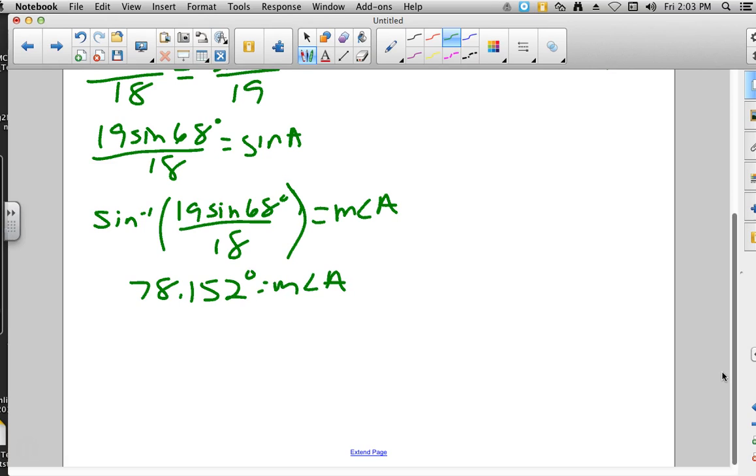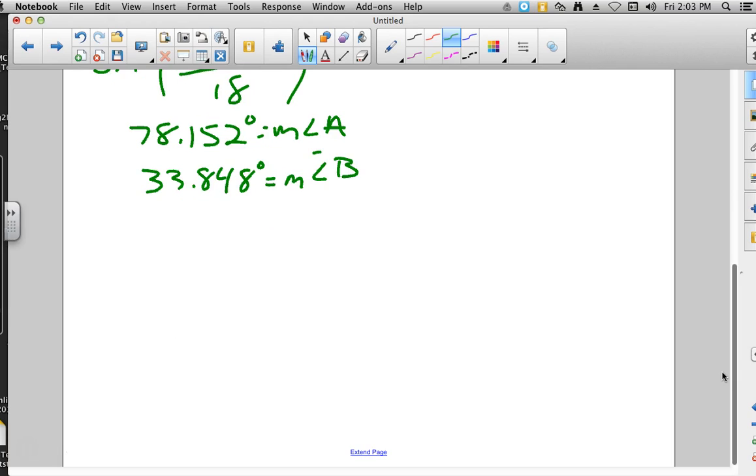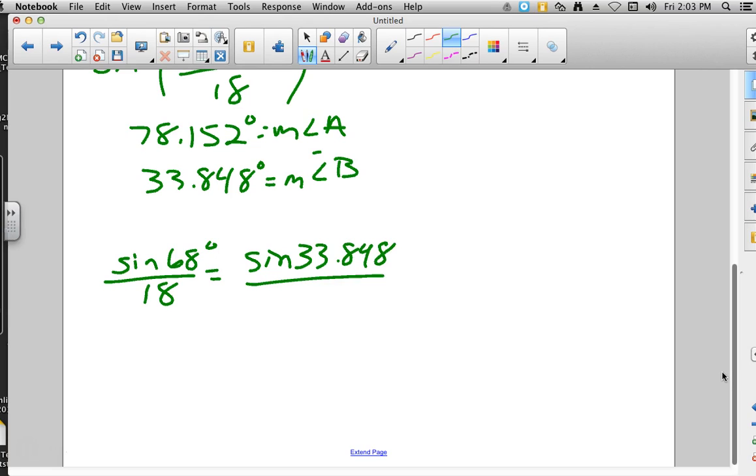And once we have that, we know every triangle has 180 degrees, so we'd take 180 minus 68 minus what we just found here, and we would have the measure of angle B at 33.848 degrees, which of course we needed if we were going to figure out what that last side length that we have there, that lowercase b is. So back to the left side of our proportion again, but now we have to use some information that we found to figure out what is lowercase b, that last side length.